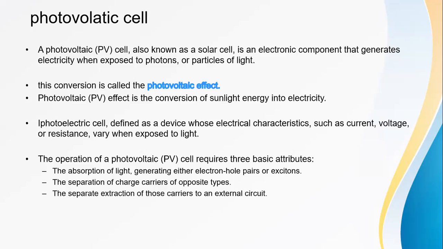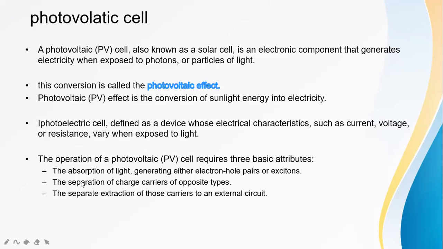The operation of a photovoltaic cell requires three basic attributes. One is the absorption of the light, whatever may be the light falling, and generating either electron voltage or excitations. That means whenever the light falls on this device, excitation of electrons takes place.